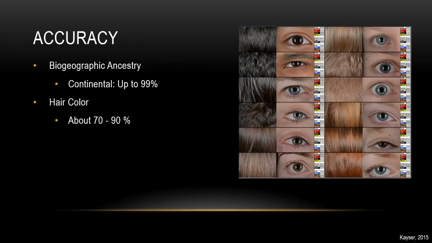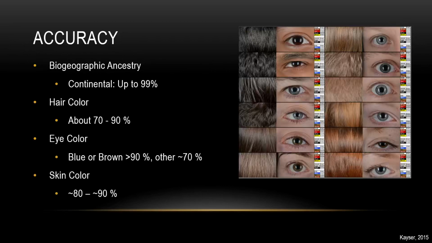However, hair color can be determined with an accuracy between 70 to 90%. So in 70 to 90%, the result will be correct. Eye color, the result for blue or brown will be correct in over 90% of the cases. Intermediate forms will be correct in about 70% of the cases. And skin color will be correct in about 80 to 90% of the cases.